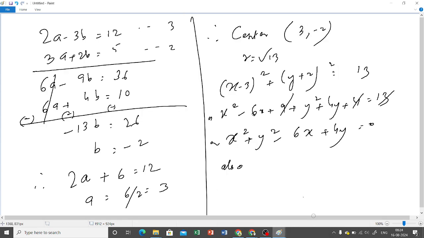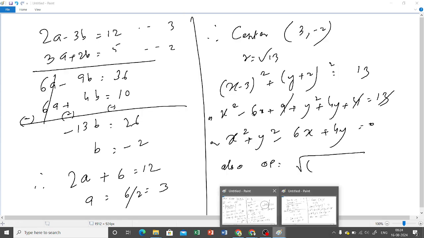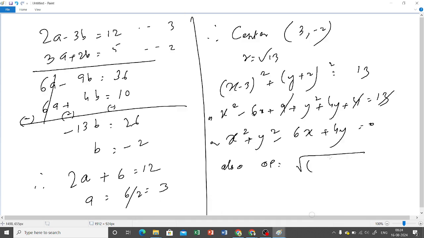What is OP? Also OP is root over a minus 1 whole square plus b minus 1 whole square. OP is root 13. So a minus 1 whole square plus b minus 1 whole square, or 13, is equals to 13.